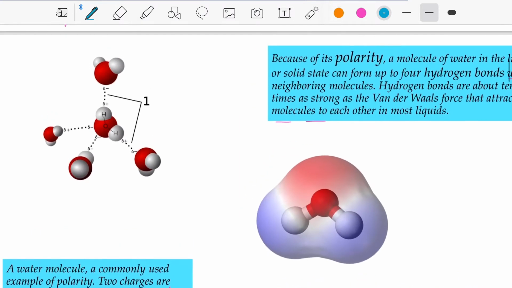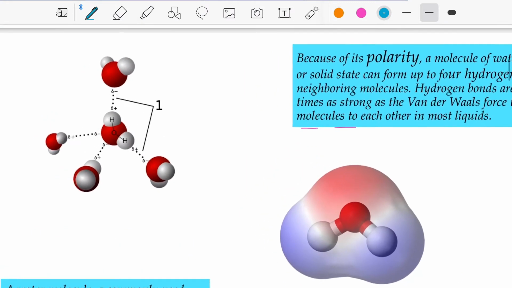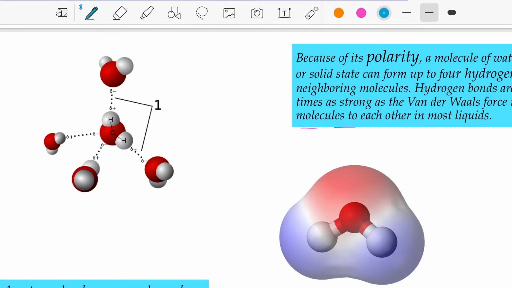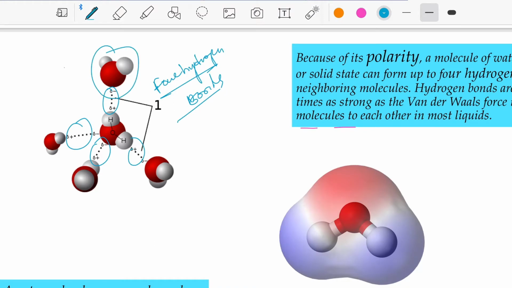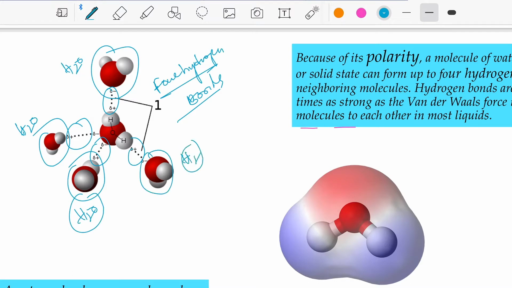Because of the polarity, a molecule of water in a liquid or a solid state can form up to 4 hydrogen bonds. What are these hydrogen bonds? These are hydrogen bonds between the other water molecules.